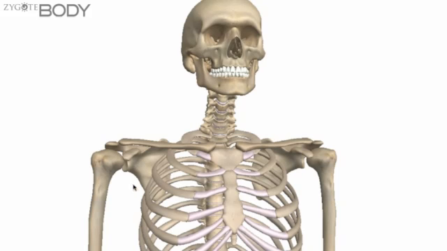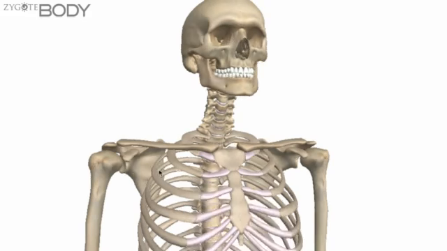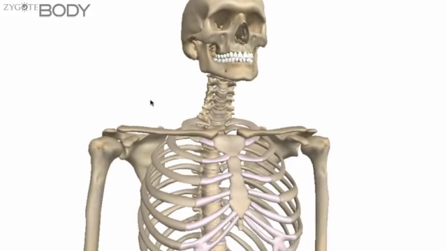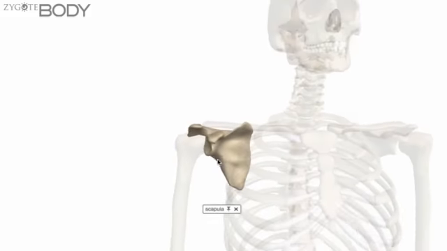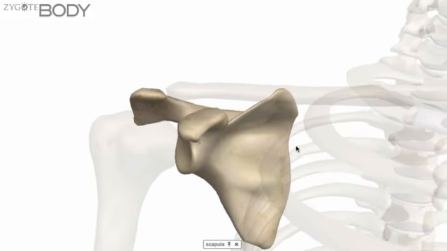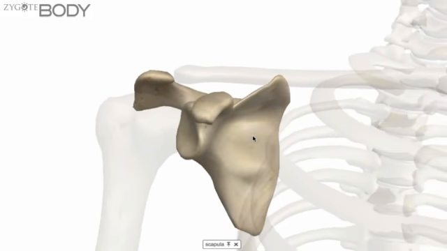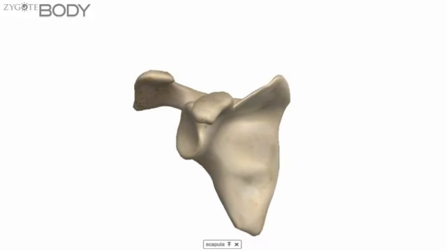So looking at the anterior side of the scapula, as you can see here, we're looking at the front of the scapula. I'm going to isolate it here and zoom in. You can see two processes that are very important.